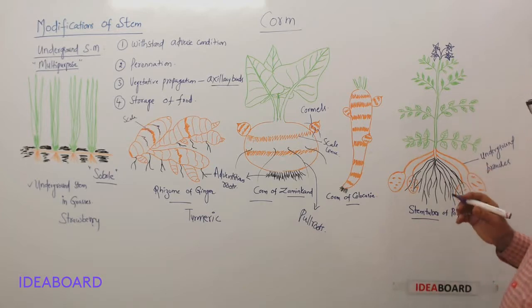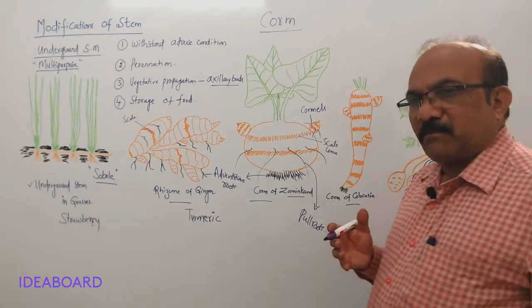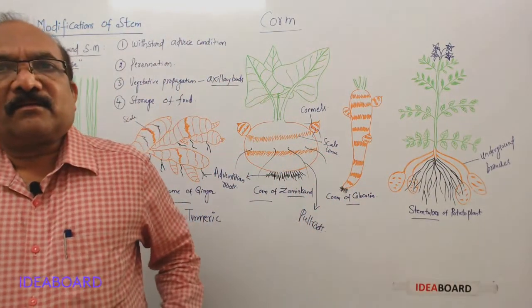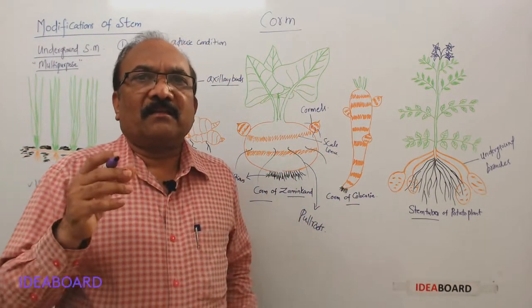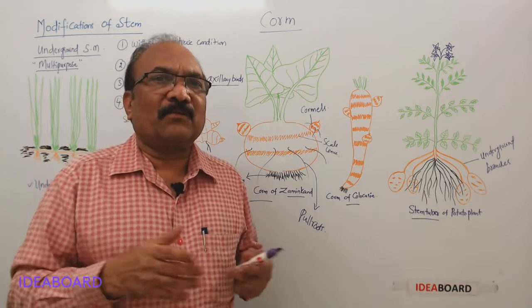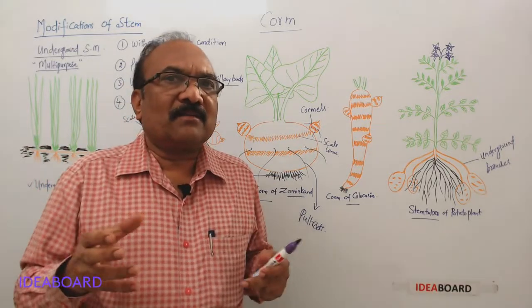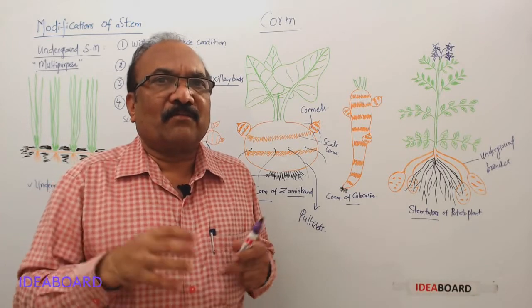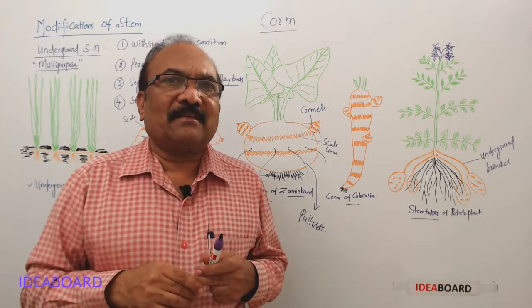Generally these potatoes are brown in color, and you may mistake this stem tuber for a root. But what is the evidence to say that it is a stem? You will find some scale leaves over it.